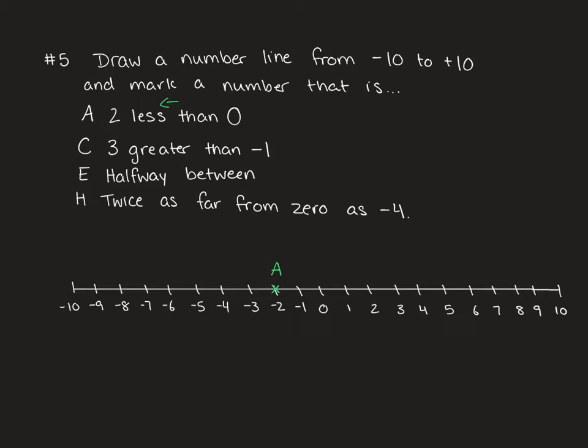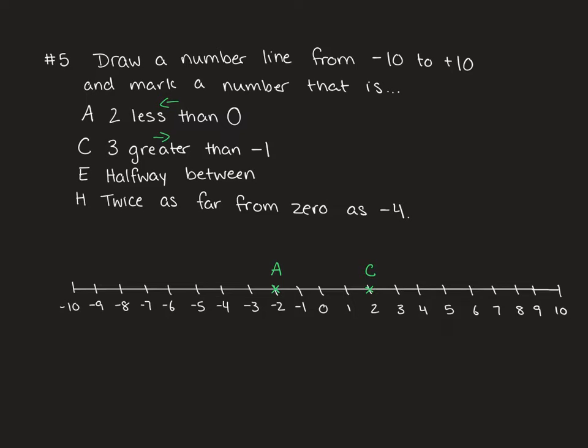So then I'm going to look at C. 3 greater than negative 1. So I'll find negative 1 and I want to go 3 greater. So I'm going to go to the right. 1, 2, 3. So that will put me at positive 2. So I'll label that C. So greater than, we move to the right.